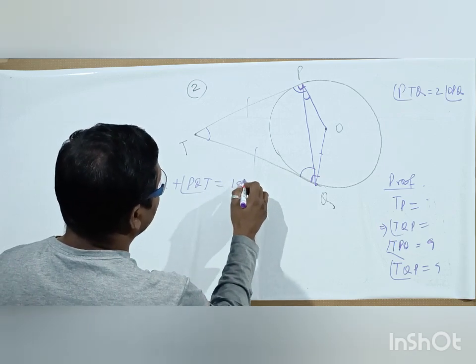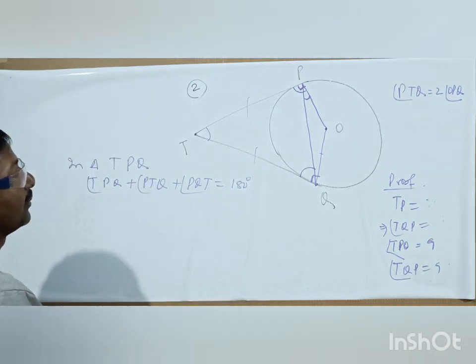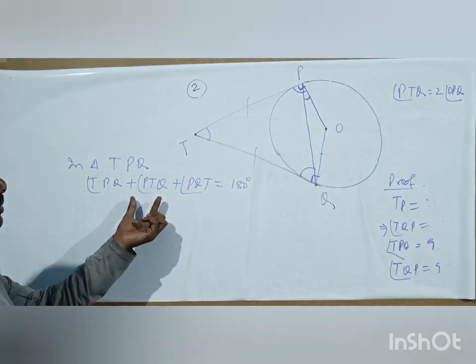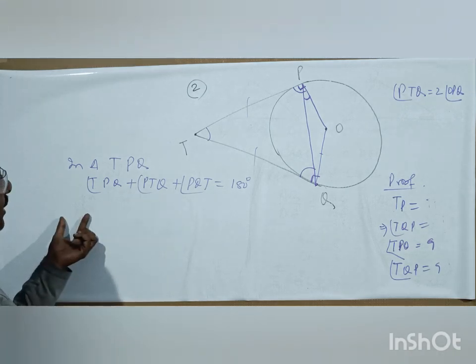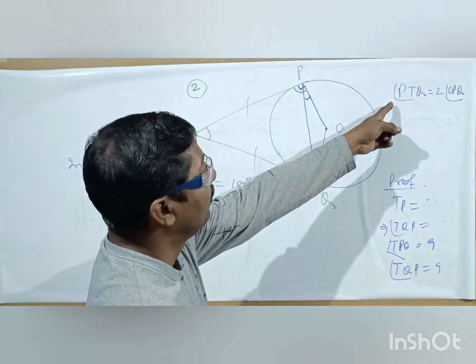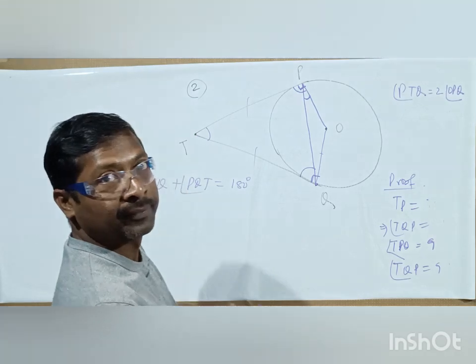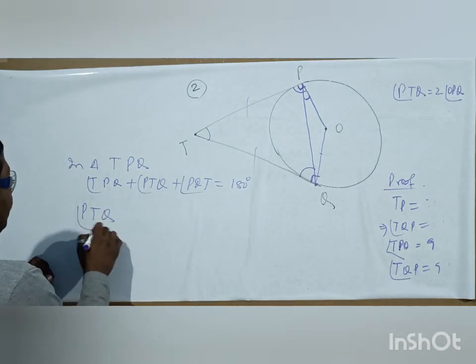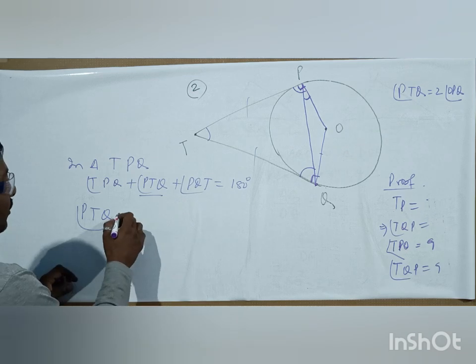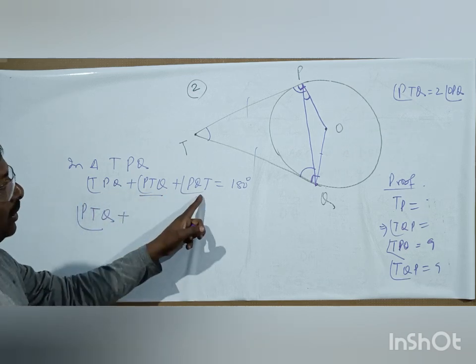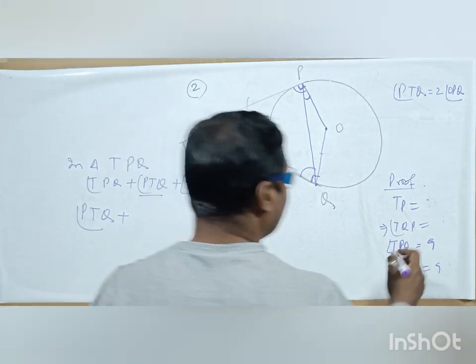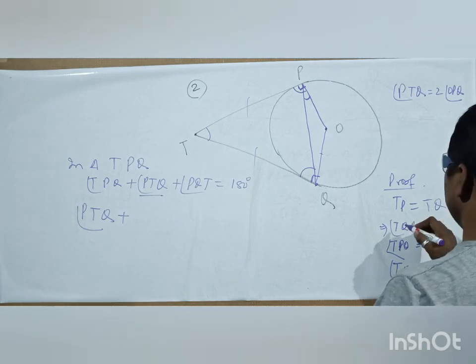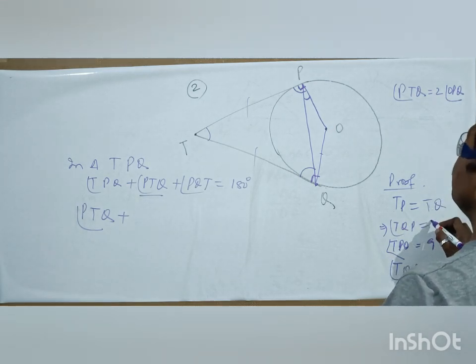I am writing PTQ first, on the left side, because I have to prove this in the left side. Plus TPQ and PQT are the same, since TP equals TQ.